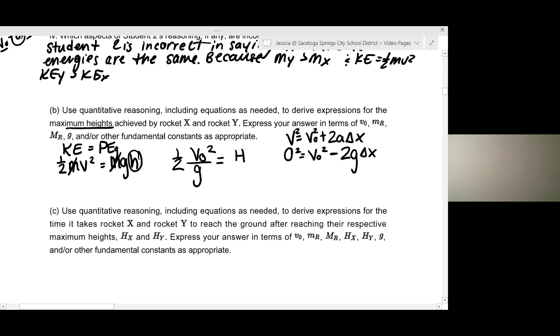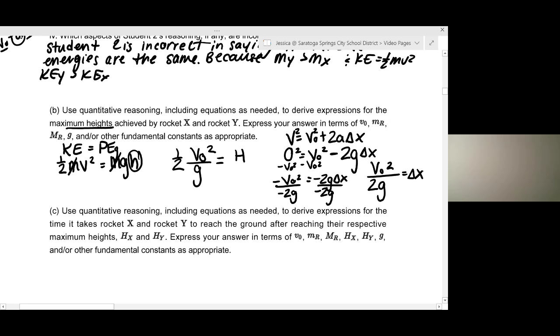So I subtract v0 squared from both sides. So I have negative v0 squared is negative 2g delta x, divide by negative 2g. And I get the same answer that I did before. v0 squared over 2g is my change in displacement. So again, either way works.